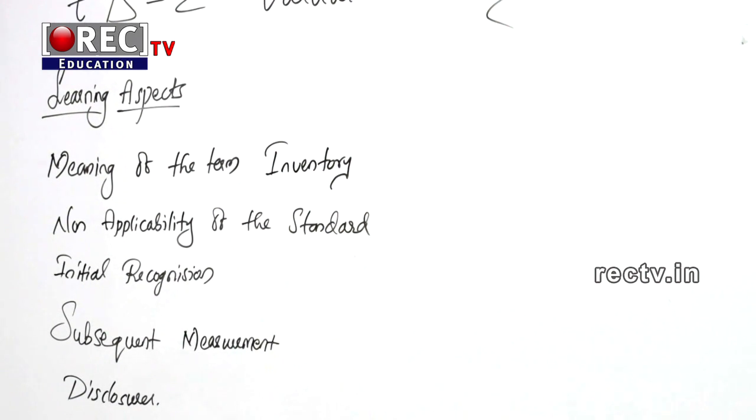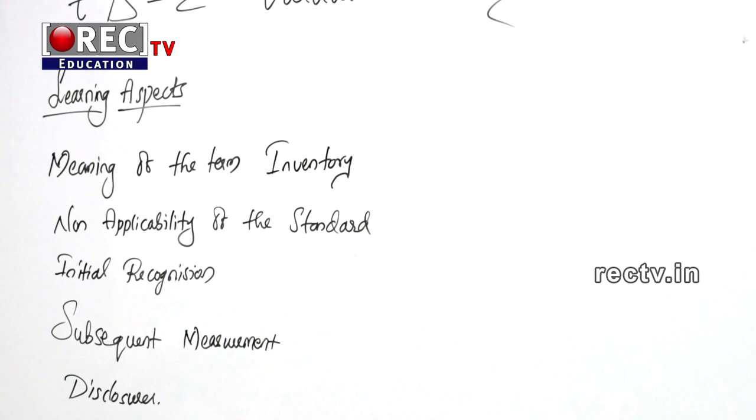Now let us see what is inventory. Generally inventory refers to stock. An inventory can be in raw material form, work in progress form, finished goods form, and consumable form. As per AS 2, inventory is an asset held for sale in the ordinary course of business, or for use in the ordinary course of business to manufacture goods.